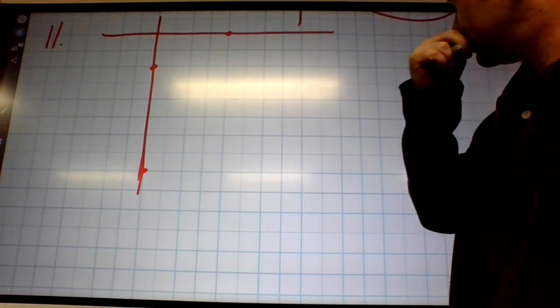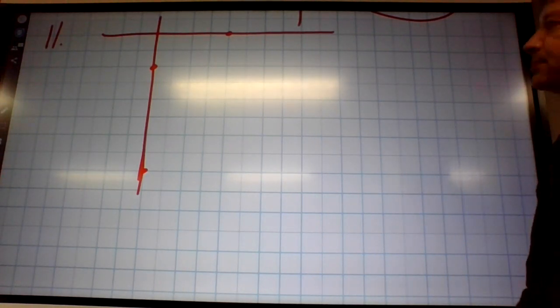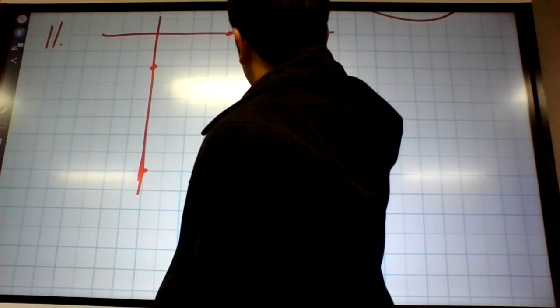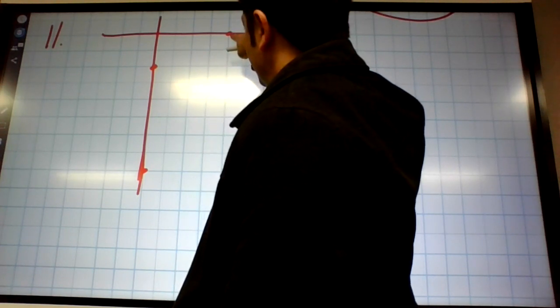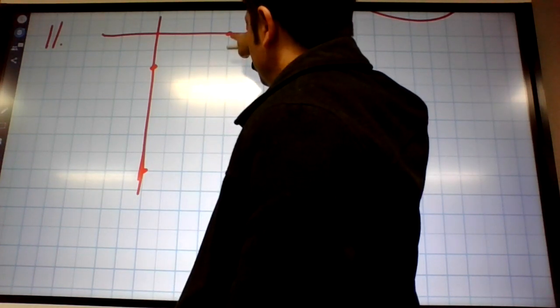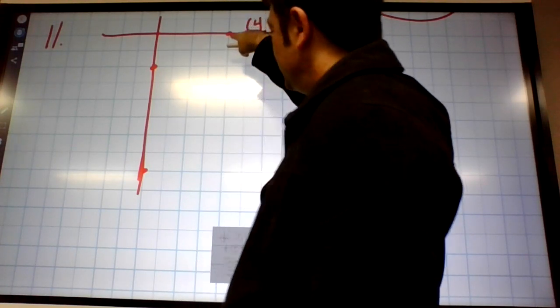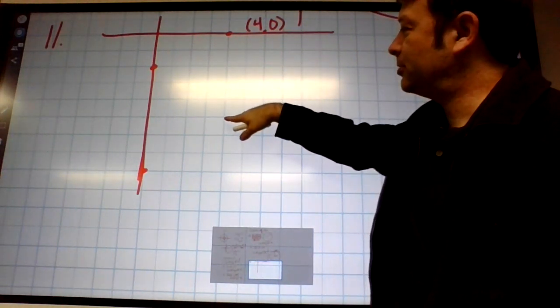Alright. How do I find the center is kind of the question. Well, we just talked about it. If it's tangent to the x-axis here at (4, 0), what do I know about the center? It's going to be directly below that somewhere. Now, how far below is it going to be?